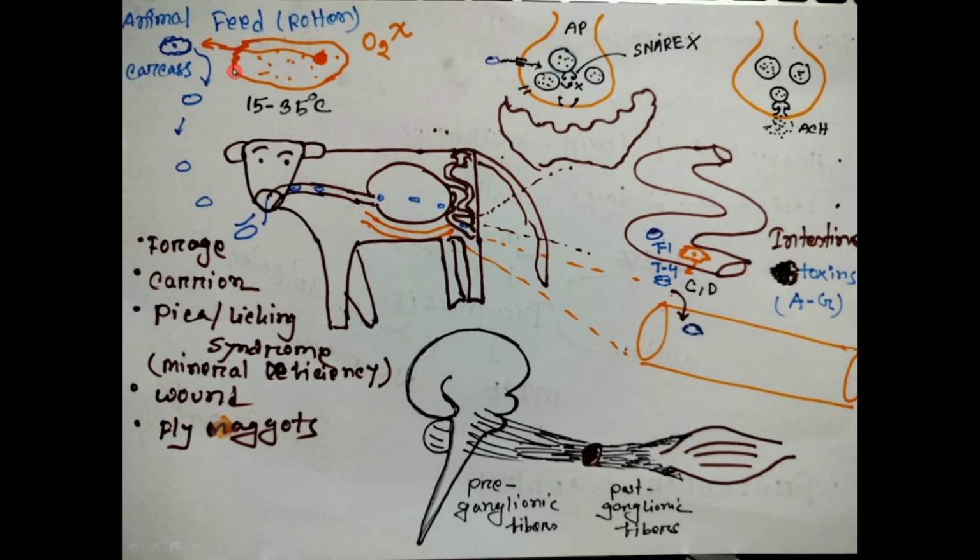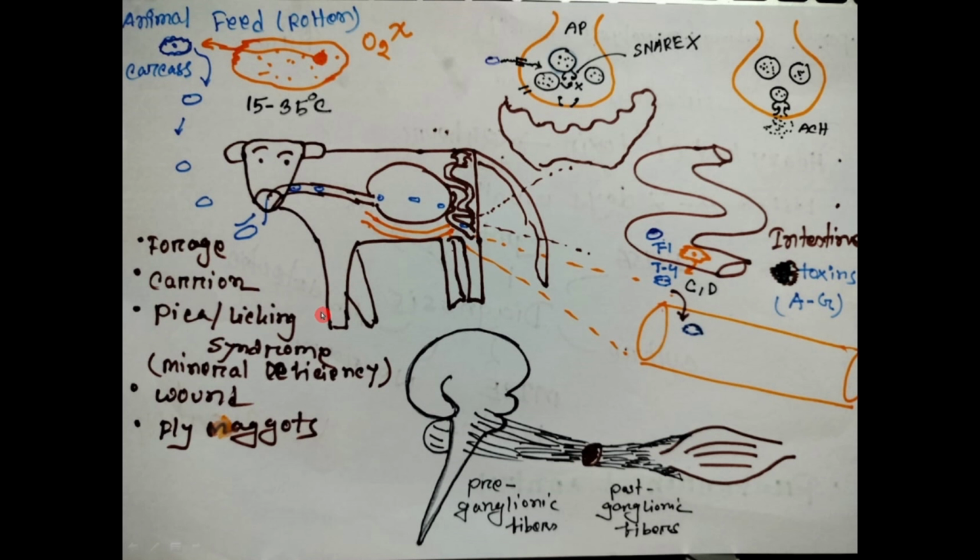These are also very common for spreading this bacteria, so this can be another source. Carrion or bone can also be a source, or an animal which has pica or licking syndrome, licking anything that is not ingestible. They lick due to mineral deficiency like phosphorus or copper deficiency.